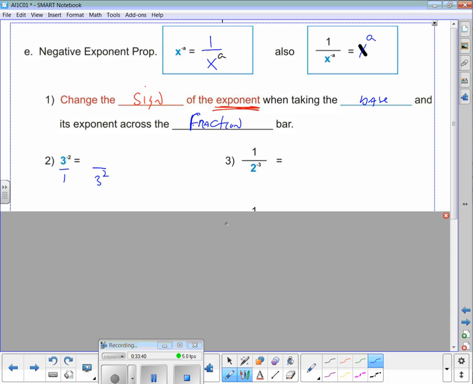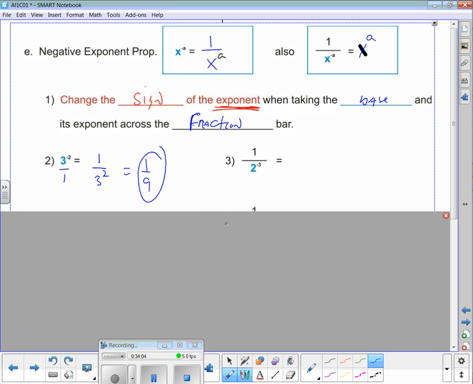And look, I applied the rule to the base and its exponent, but I need a 1 placeholder in the numerator, don't I? Because I'm in the bottom of a fraction, I need a 1 placeholder. So I've got to have that 1 there. It's 1 over 3 squared, which, by the way, is 1/9. 3 to the negative 2 power is 1/9.